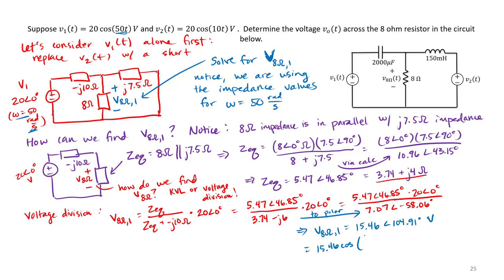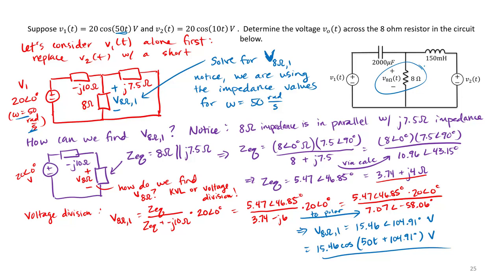Notice we have omega's 50 here, so we get 50t plus 104.91 degrees. So now we have successfully completed the calculation for the voltage across the 8 ohm resistor with V1 alone.